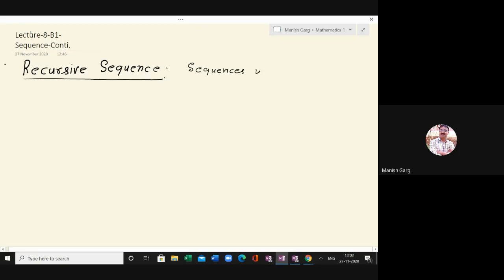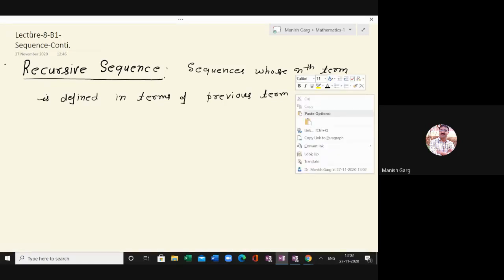Sequences whose nth term is defined in terms of previous terms, the second term, third term, and nth term, are called recursive sequences.